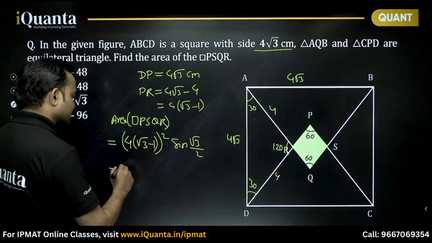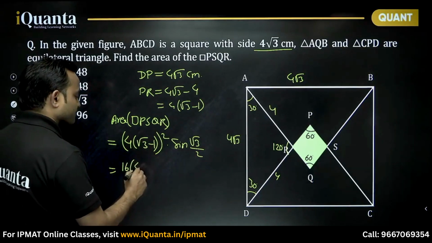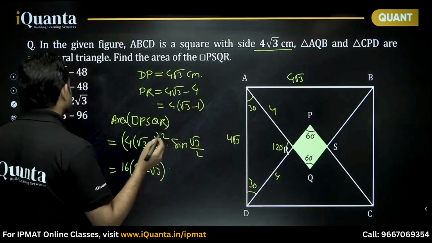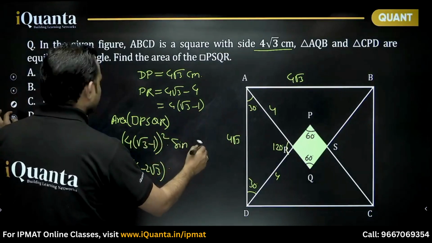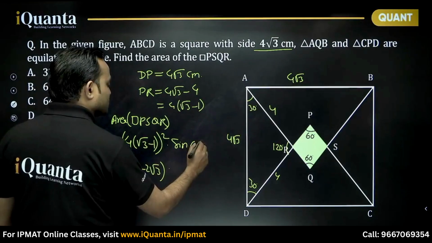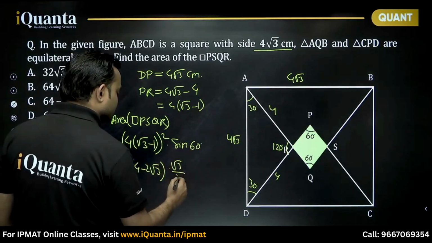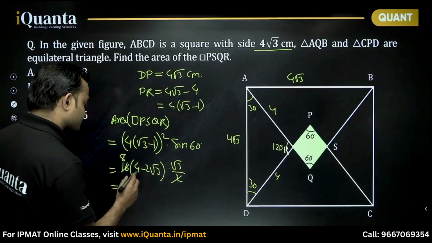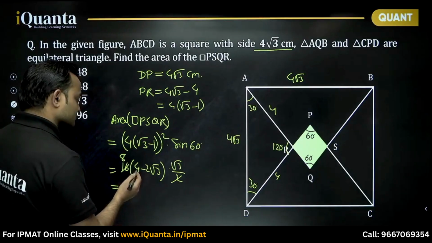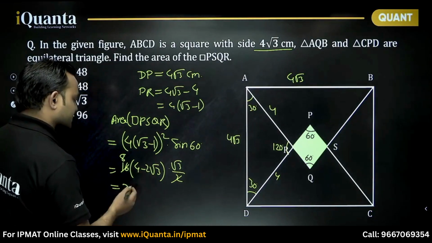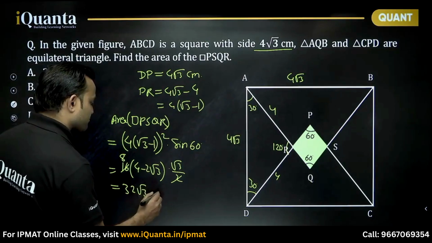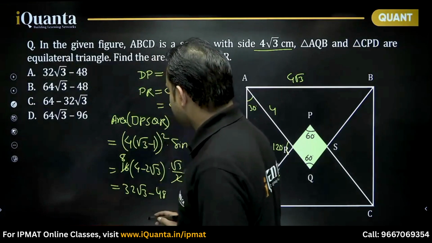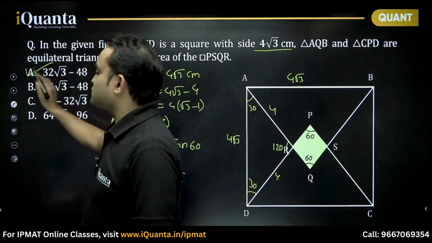So 4 square is 16, root 3 minus 1 square is 3 plus 1, 4 minus 2 root 3, into this is sine 60 degree, which is root 3 by 2. So let's put root 3 by 2. This will become 8, which gives us 8 into 4, 24, 32 root 3 minus 48. So our answer is 32 root 3 minus 48, which is option A.